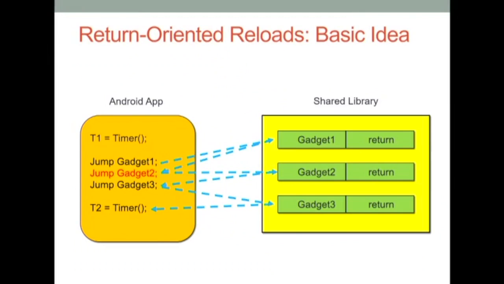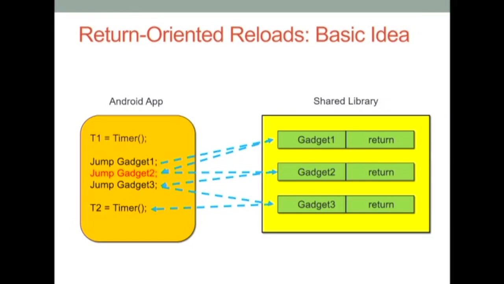Here, we learn from the idea of return-oriented programming. We want to find several gadgets in the shared library. A gadget is basically just one instruction that will change the control flow back to the original program. We find several such gadgets in the shared library, and those gadgets are located in the memory blocks that the attacker wants to monitor.